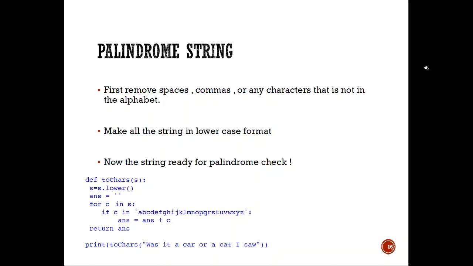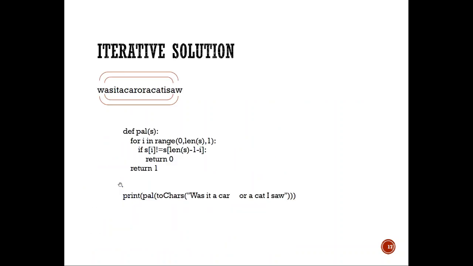That's why here we first transform all the characters to lowercase. Then we can do it in an iterative manner to check and remove all of the characters that are not alphabet. This is why this function is called toChars, because it transforms the string to only alphabet characters.